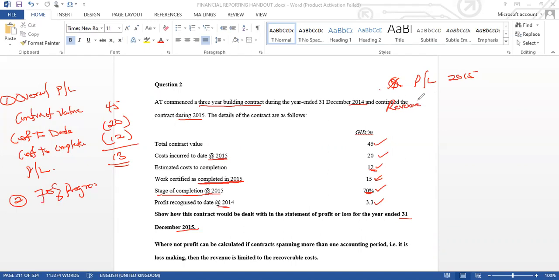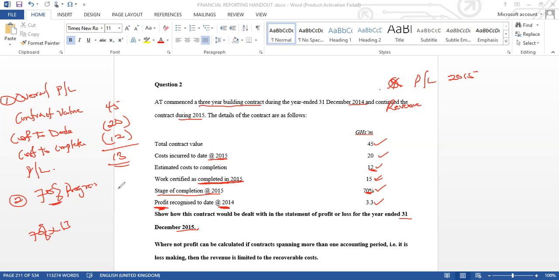And the revenue, this is where the thing becomes very tricky. Do we have any revenue here? They've actually given us the profit recognized to date up to 2014. Like I told you, you can actually know your profit from here. In fact, if we do 70% times 13, you can know the profit at 70%.